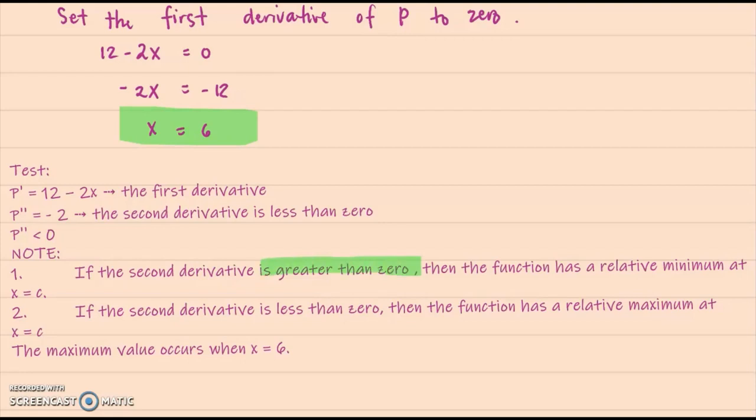Now, if the second derivative is less than 0, then the function has a relative maximum at x equals c. Since our second derivative is less than 0, our function has a relative maximum. So the maximum value occurs when x is equal to 6.